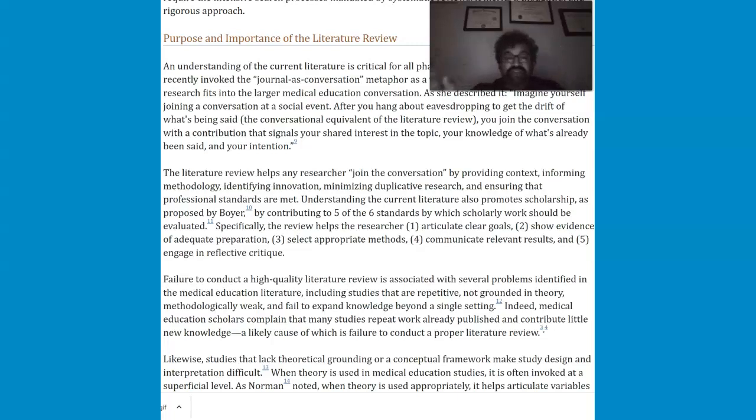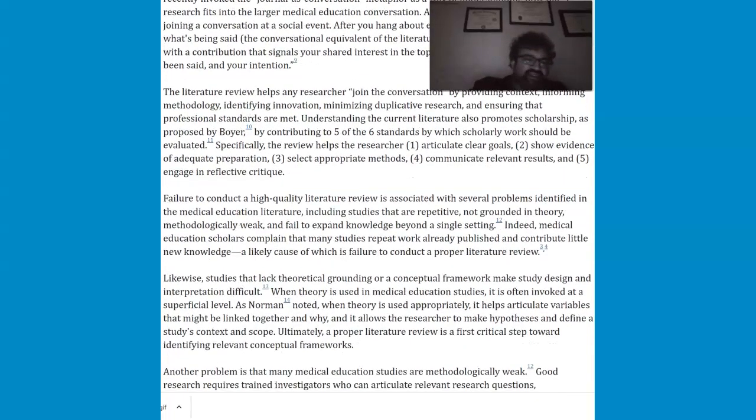So look for methodology that other authors have used in the past, and how they've communicated the results, and then reflect on all of the literature in a critical manner. If you don't, then there are several problems that you will run into if you don't perform a high quality literature review. And if it's methodologically weak, studies that are repetitive, not grounded in theory, that's a problem.